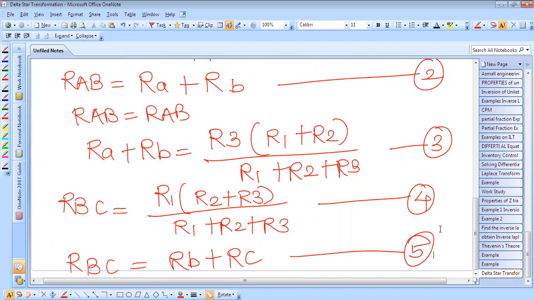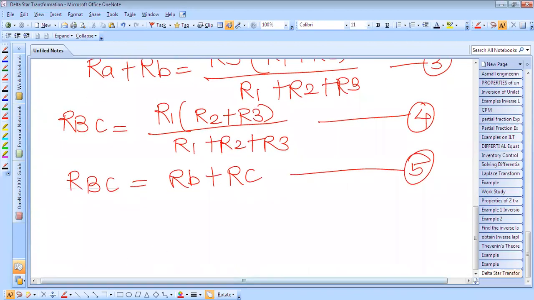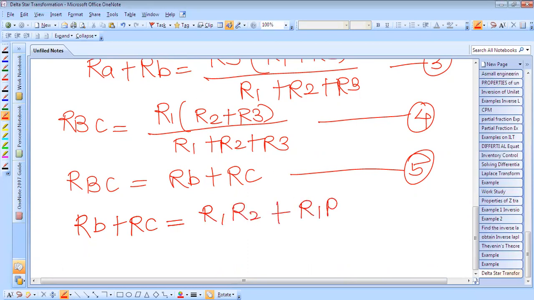And as these networks are equivalent to each other, we can equate equation number 4 and 5. Therefore we can write RB plus RC is equal to R1 into R2 plus R3 divided by R1 plus R2 plus R3.